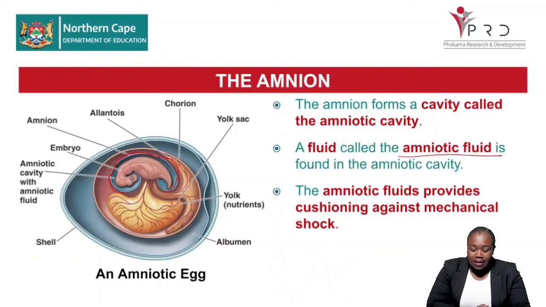This amniotic fluid provides cushioning for the developing young, meaning there is protection from any mechanical shock that can take place. If there is any harsh movement of the egg, the fluid inside the amniotic cavity will make sure that the developing embryo is protected.